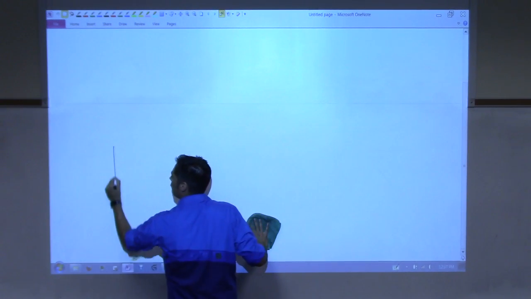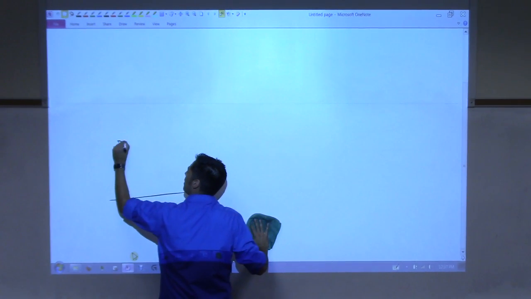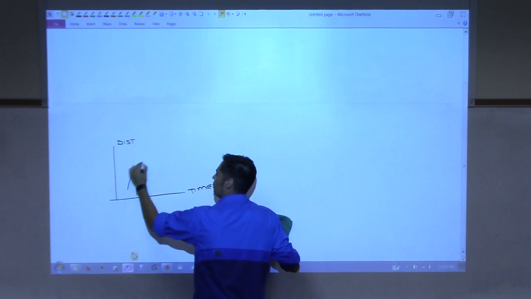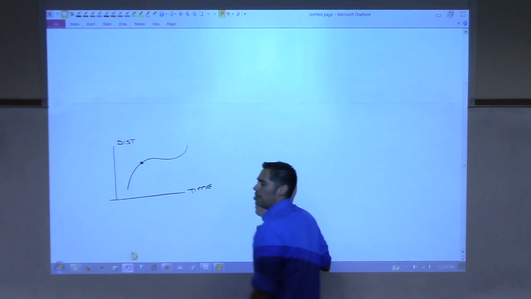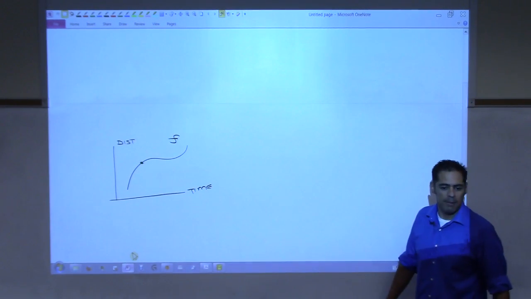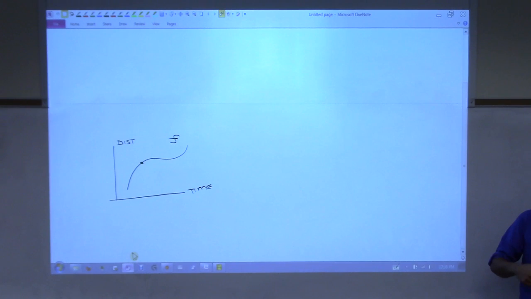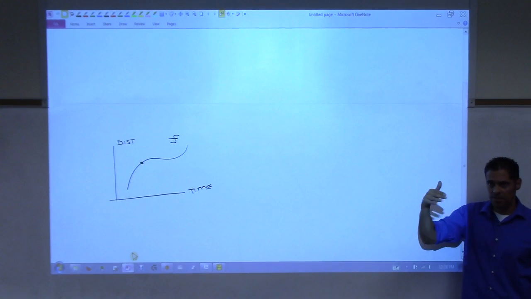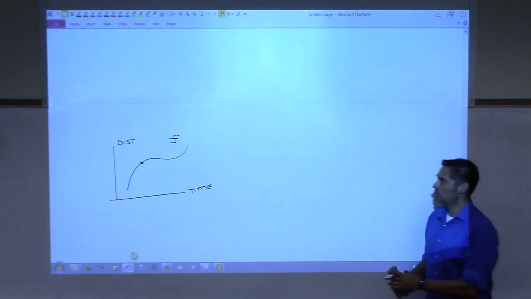I said earlier, if we have distance and time, right? That the derivative of this function f, the derivative would be its what? Instantaneous velocity, right? Instantaneous rate of change, but because it's distance over time, the derivative would be distance over time, which is velocity.